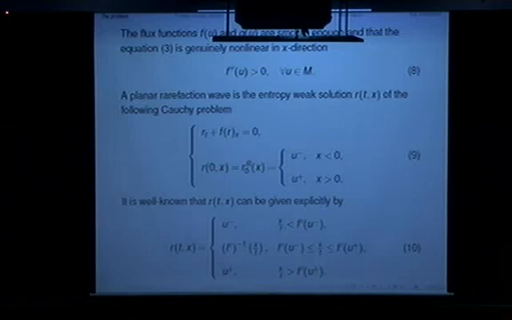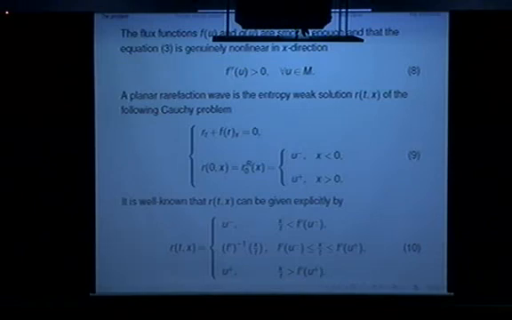This means that f is a convex function for any u belonging to the state space M. What we are interested in is to study the nonlinear stability of the so-called planar rarefaction wave solutions. Let R(t,x) be the unique entropy solution of this Riemann problem.